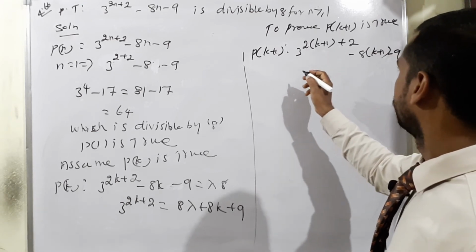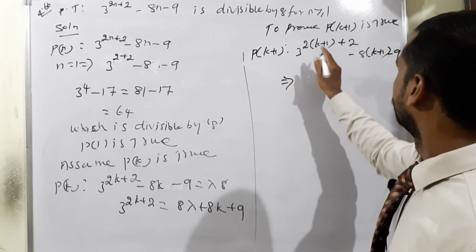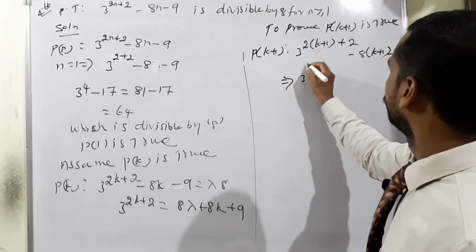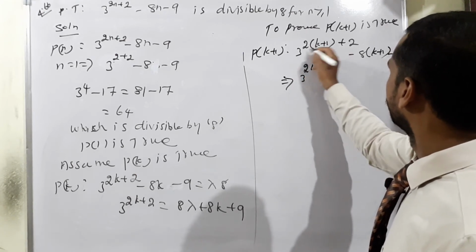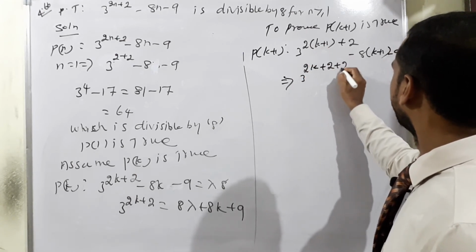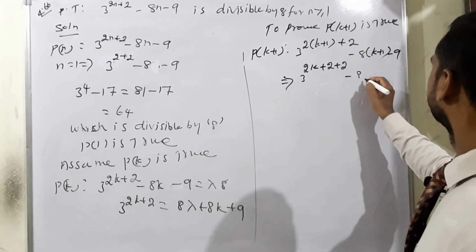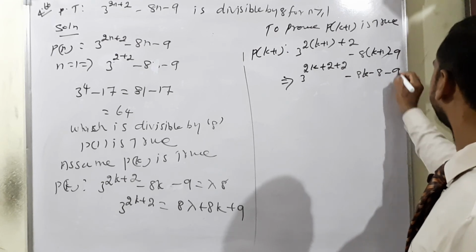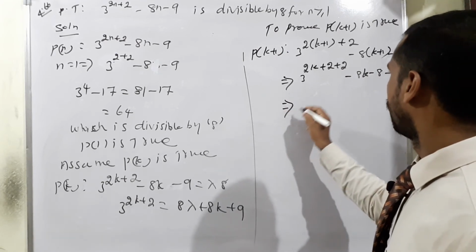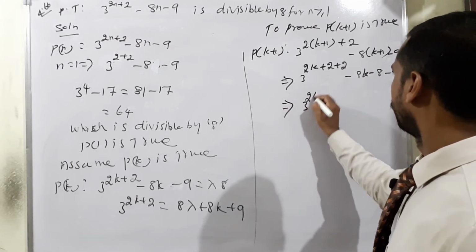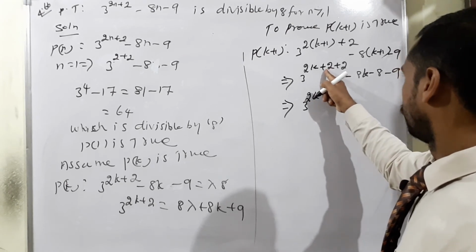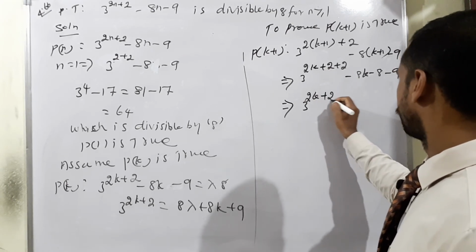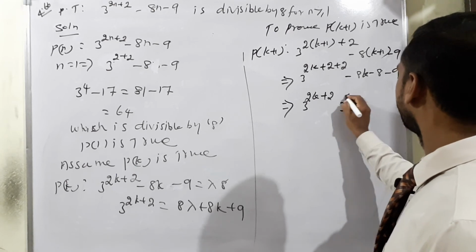Now, look at there, if you remove the bracket, 2 into k, 2k, plus 1 into 2, plus 2, again plus 2, minus 8k, then minus 8 into 1, minus 8, minus 9. Now, 3 to the power 2k plus 2 into, we can write, 3 squared.